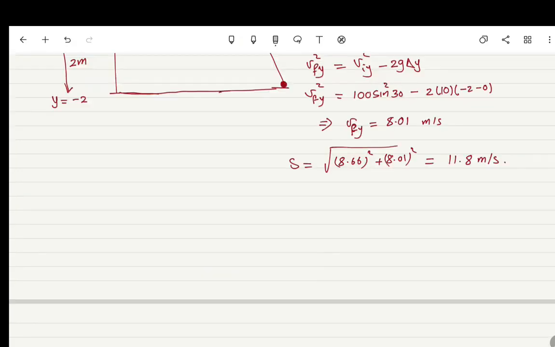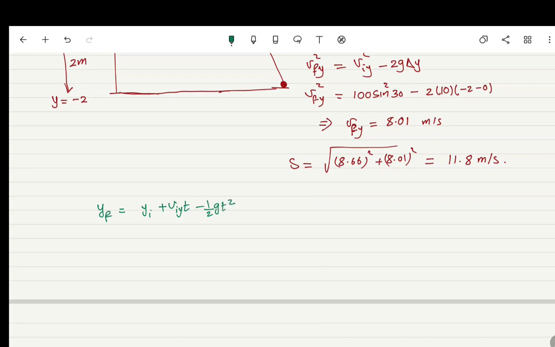What if we want to calculate the time required or needed for the object to strike the ground? To calculate the time, use this equation here. y final equals y initial plus the initial y velocity times t minus half g t square.